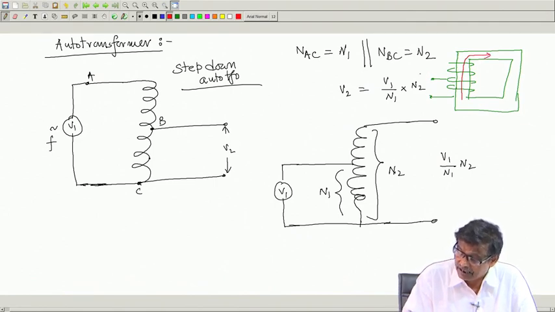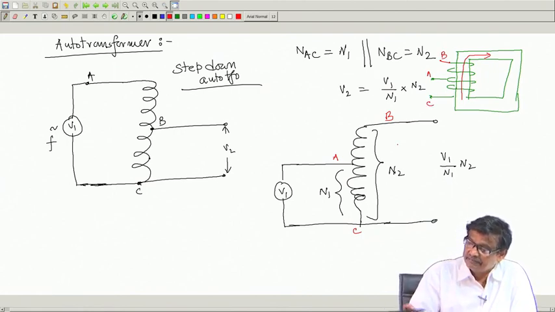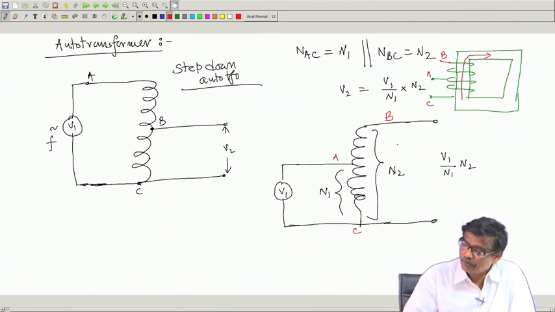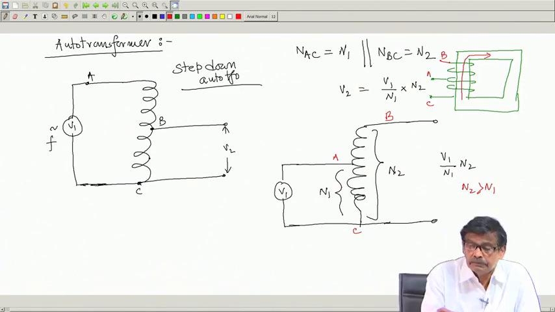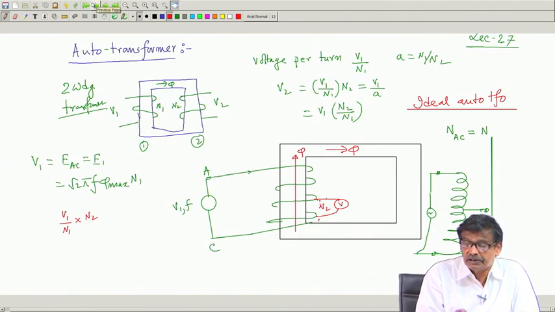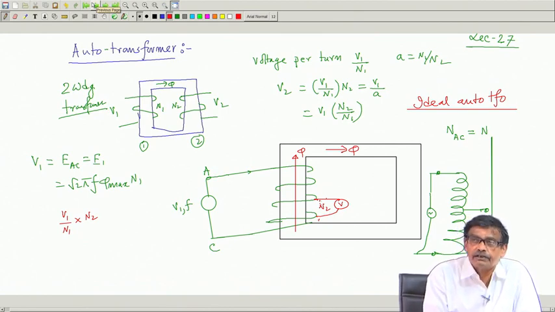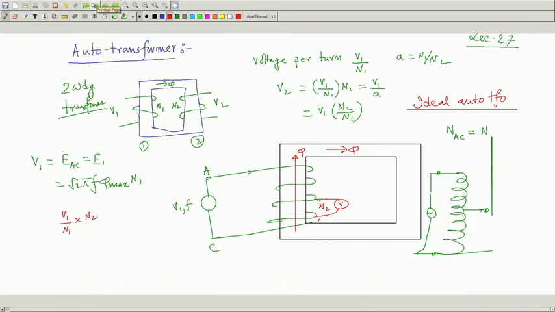So, this is your A in this case, this is your C, this is your B, and this is your A, C and B. So, NBC, that is N 2 turns, is more than N 1, and you can also step up the voltage. Therefore, it looks like one can use a single coil like this instead of two winding transformer, where you are using two coils.